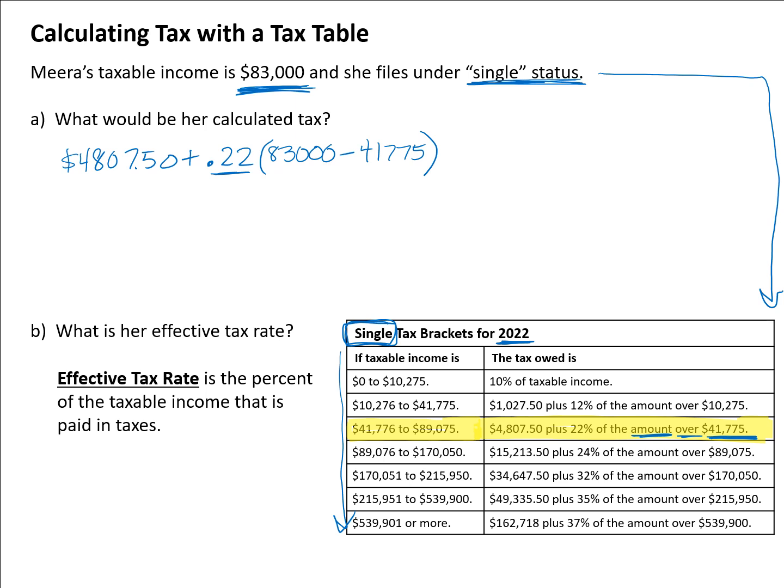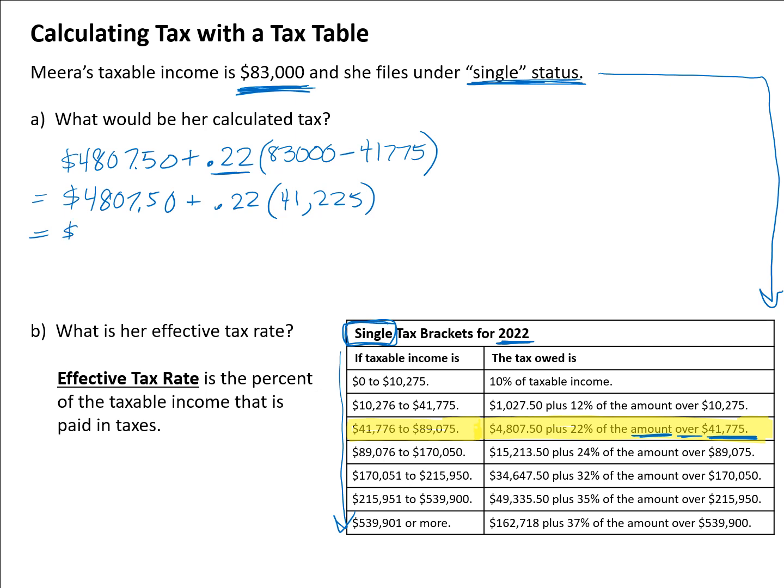Now we could calculate all of this by throwing the whole thing in with parentheses into your scientific calculator, but I'm going to take a moment here and show it out so that we can emphasize one thing: that 22% is based on the amount that's over that 41,775, which puts you into the 22% tax bracket. So that's $41,225 that's over the last bracket, and we get charged 22% on that.